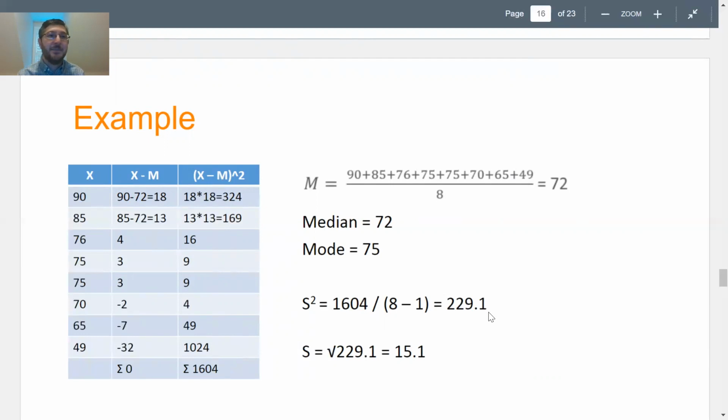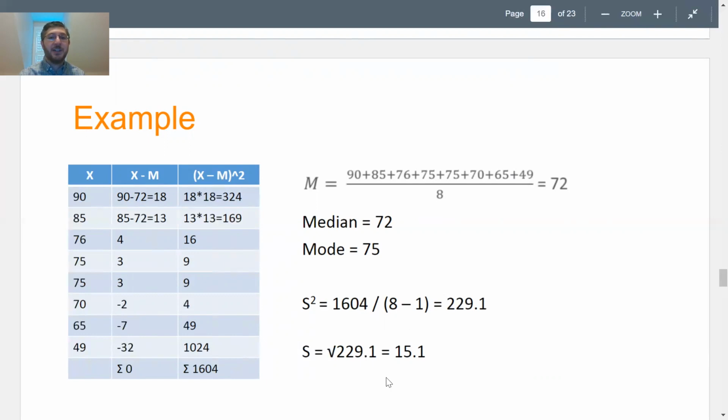That doesn't seem very intuitive to us. So we'll take the square root of 229 and you get 15. So the average score of this column is 72, and then each score is on average about 15 units from the mean.